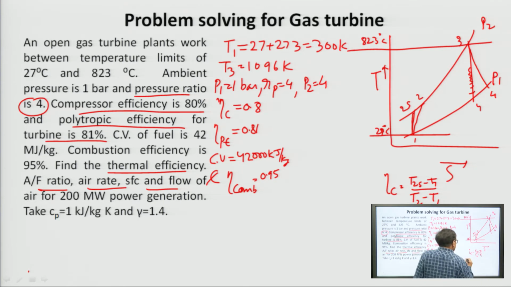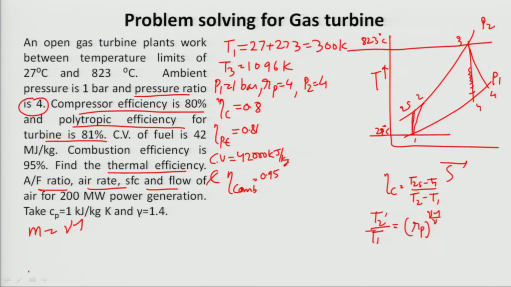T2 dash divided by T1 we can write as the pressure ratio raised to the power gamma minus 1 over gamma, or m, we can take gamma minus 1 over gamma, that is equal to 0.286.